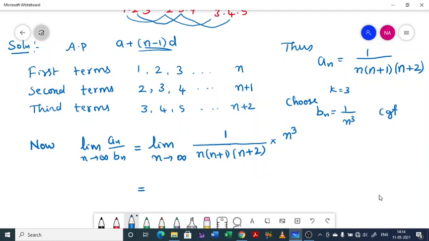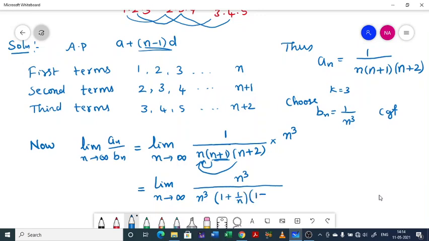So it is limit as n tends to infinity. So here we take n outside in the denominator, n cube. So it will be n cube into, there is an n here, taking an n outside gives n square, and taking one more gives n cube. So here taking n outside, we will be getting 1 plus 1 by n, and from here we will be getting 1 plus 2 by n. So n cube gets cancelled.